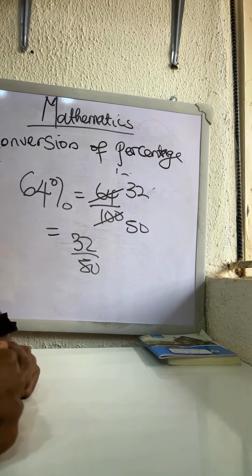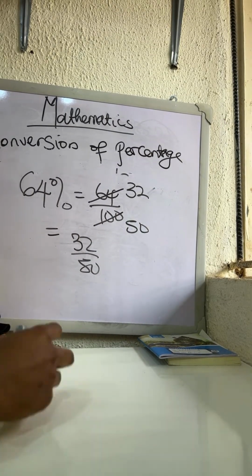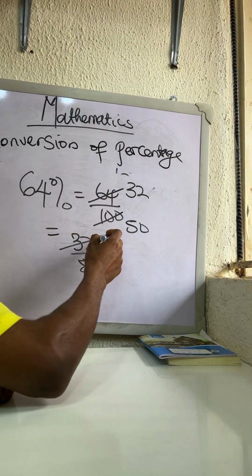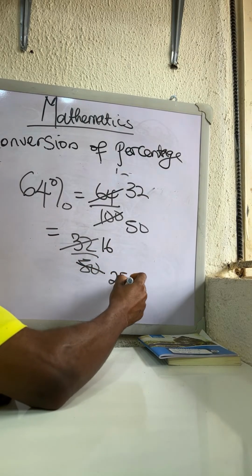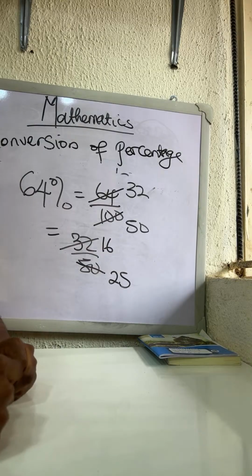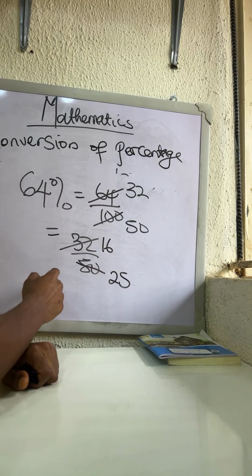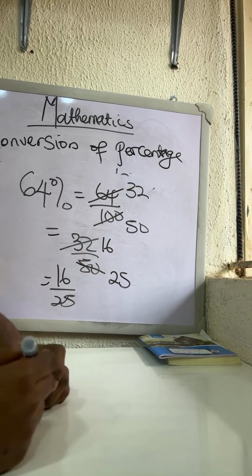Observe one thing. 2 can still divide, right? Yes. So if 2 divides 32, you have 16. 2 divides 50, you have 25. So what's the last answer left? 16 over 25.